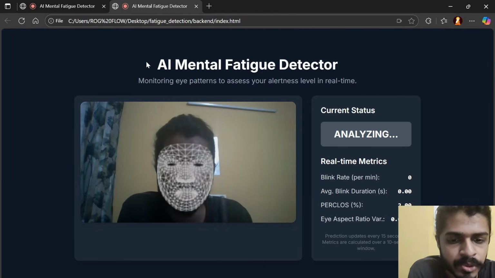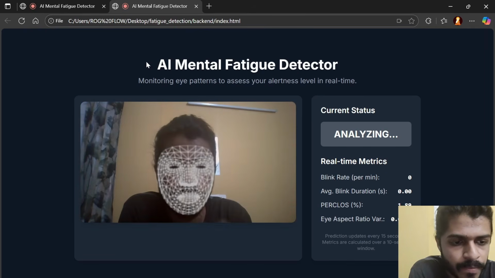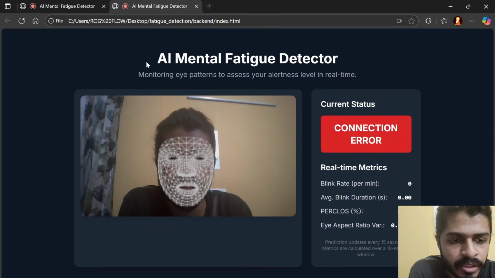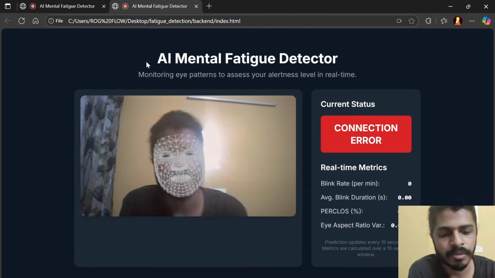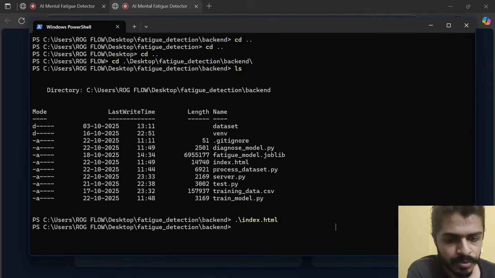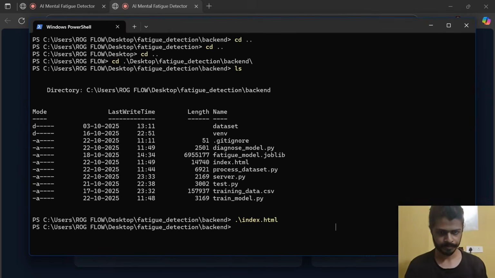It's showing the face mesh around my face and is trying to analyze. It's showing a connection error as it collected the data and tried to send it to the server, but it got the connection error as our backend is not started. So first we will start our backend.